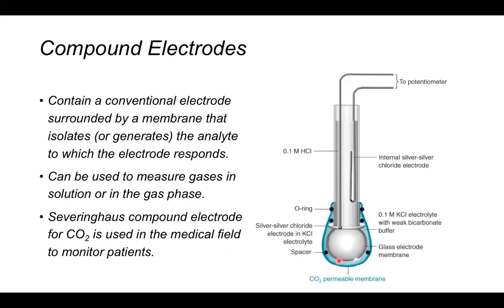And then it enters this solution here, where it reacts with something inside the solution and forms a species which can then pass through the glass electrode membrane. So it changes the concentration of protons most likely, and then those protons can move through the glass electrode into basically a pH meter. Since we're measuring the pH change of this outer solution, it will tell us indirectly the concentration of CO2.